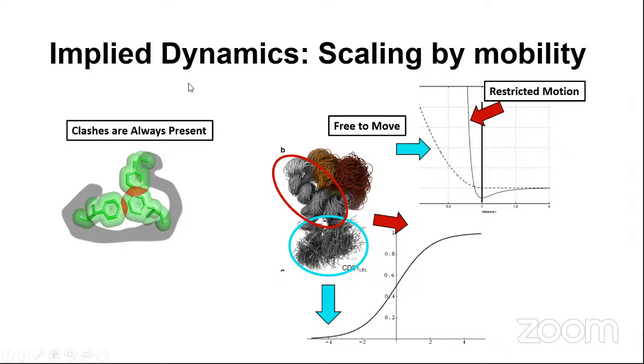So what Foldx does, and I call it implied dynamics, is it tries to scale by mobility. And in Foldx, it scales by the solvent exposed area, or how much of it is on the surface of the protein, which is not the same thing, which also does cause some problems. As you can see here in the structure of the protein, there are regions which are relatively free to move down here in the blue, where you can see that there's disorder in the protein.